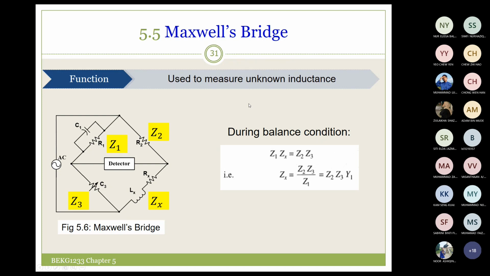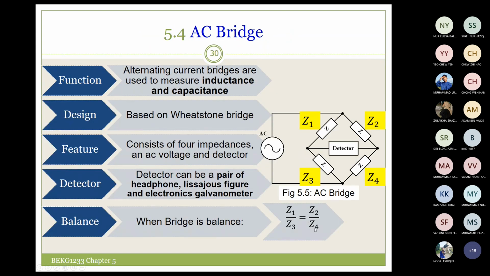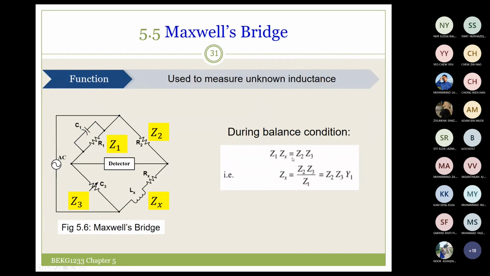For the Maxwell bridge, during the balance condition, as we know from before, Z4 is Zx. So we can multiply Z1 and Zx, and Z2 and Z3, giving Z1 Zx equal to Z2 Z3.